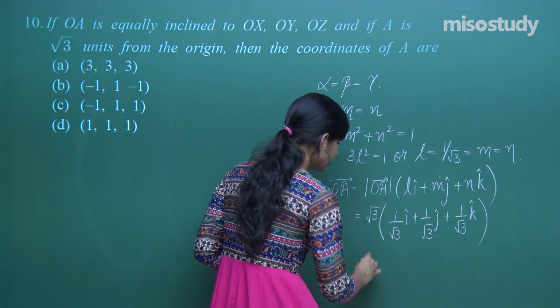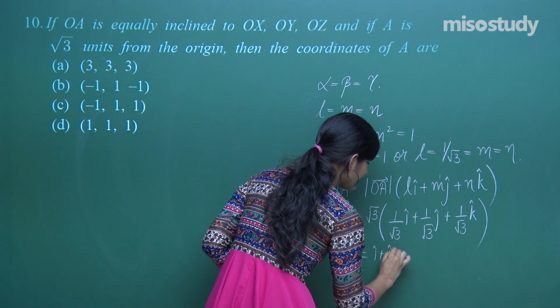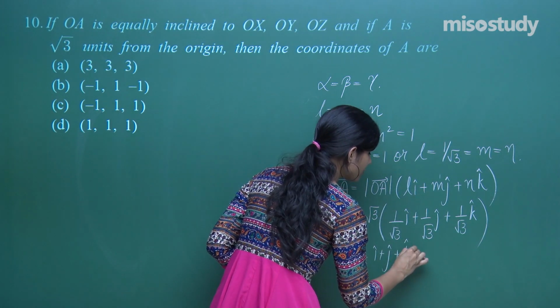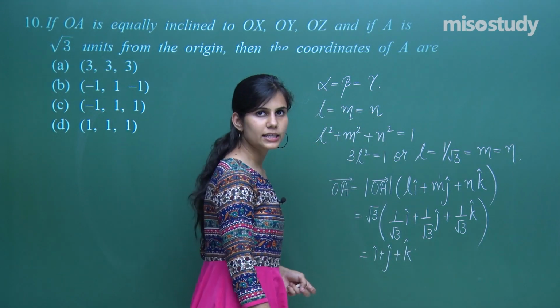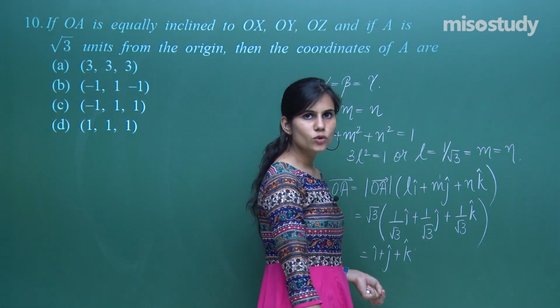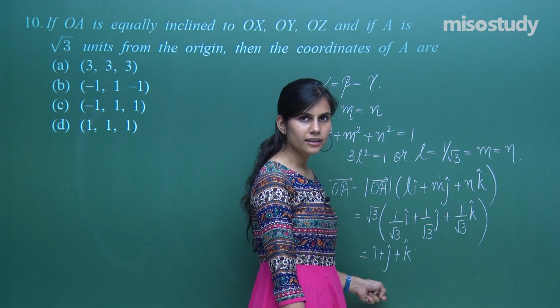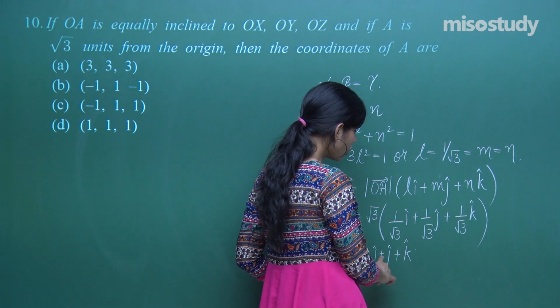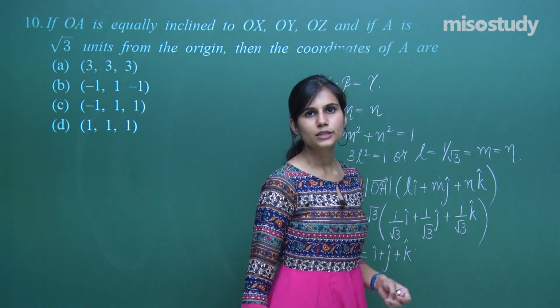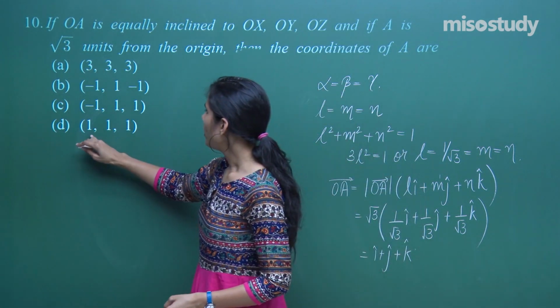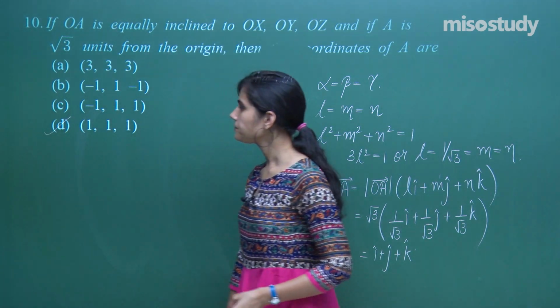If you multiply root 3 inside, you get i cap plus j cap plus k cap, and this is the position vector of point A. What are the coordinates of point A? OA vector means O is the origin, so it is the position vector of point A. So what are the coordinates? 1, 1, 1 are the coordinates of point A.